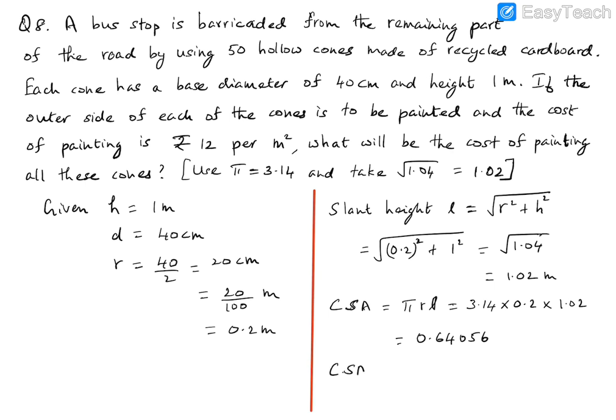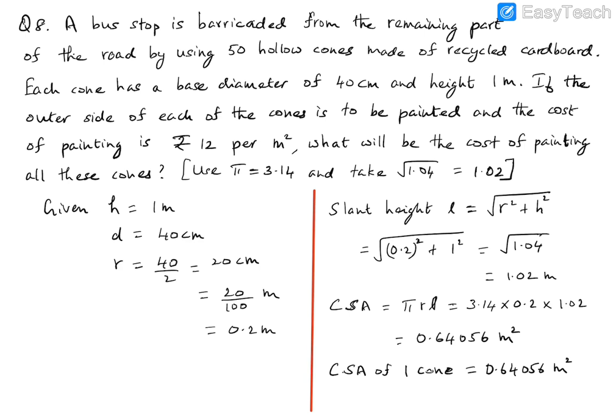That is CSA of one cone equals 0.64056. Of course, it's meter square, because the units of our dimensions are all in meters. So the area is in meter square.